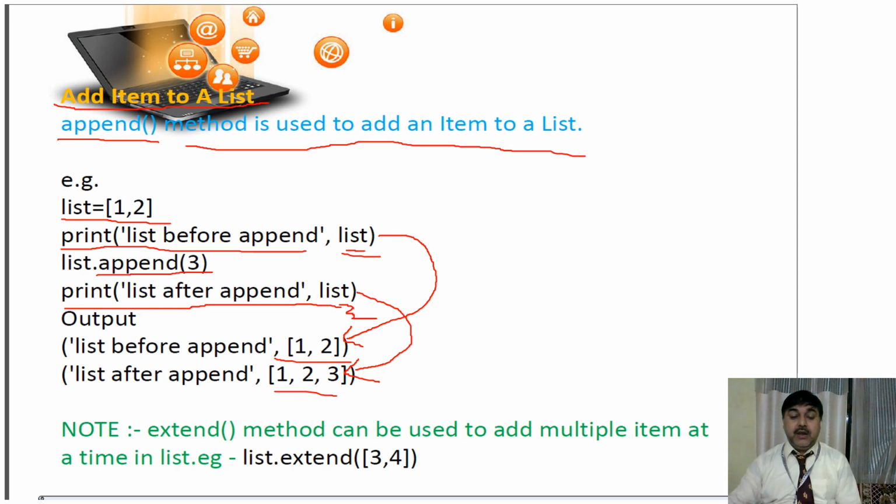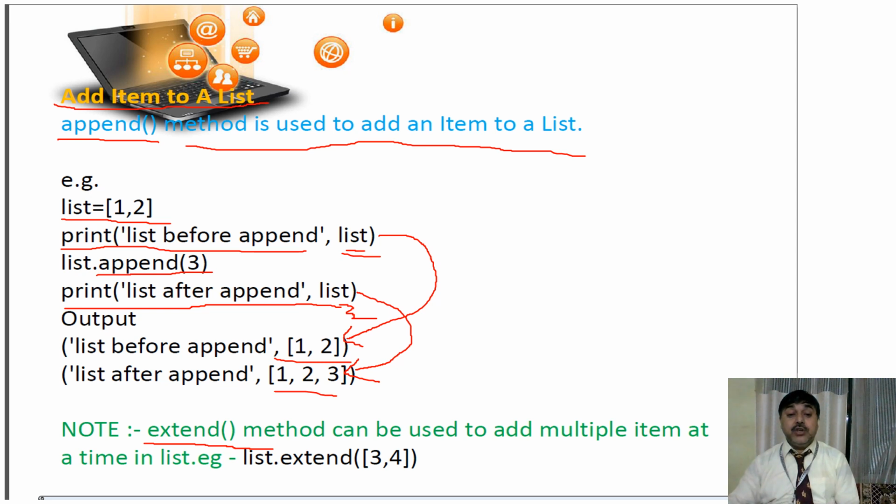Now here, I'll ask a question. I am appending only one number here. If I want to add more than one value, what will I do? There is one more function provided by Python, that is extend, E-X-T-E-N-D.